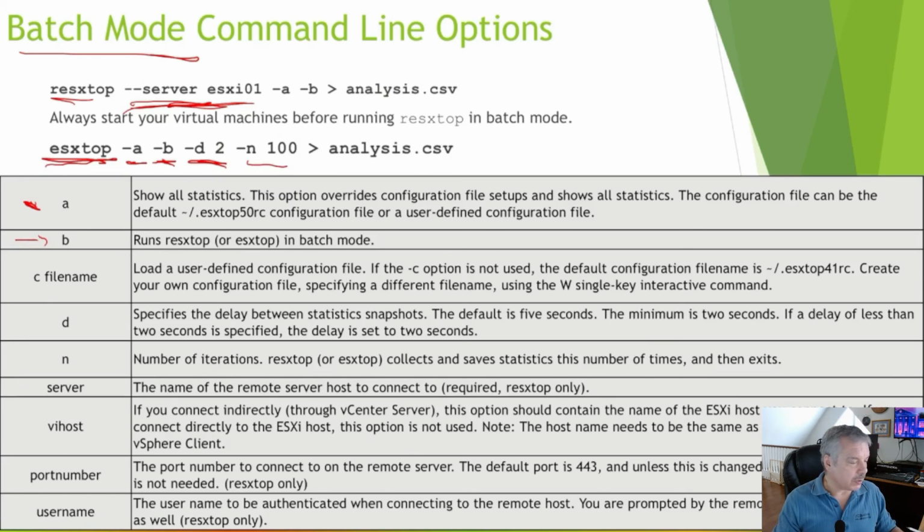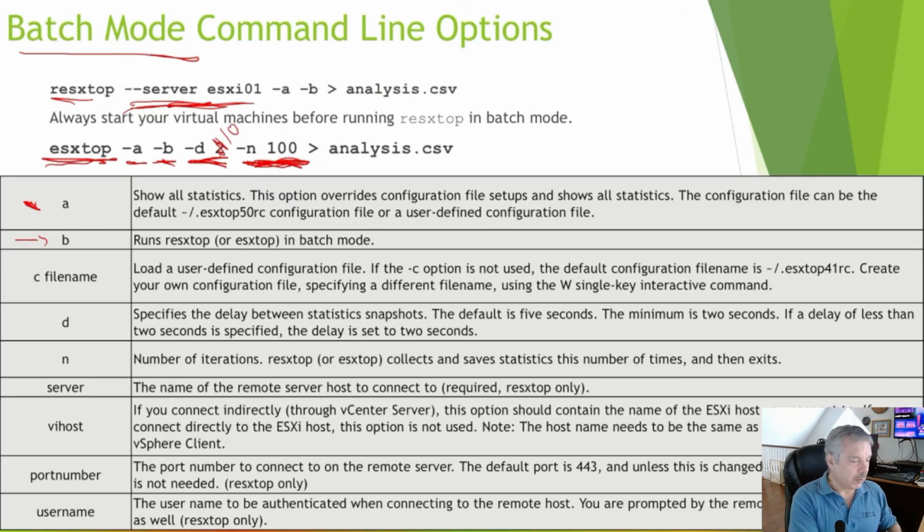And how many iterations do you want? This would give me 100 iterations every 2 seconds, so basically 100 entries, covering a period of 200 seconds. If this was 10 seconds, this would give me 100 entries, 10 times 100, 1,000 seconds.